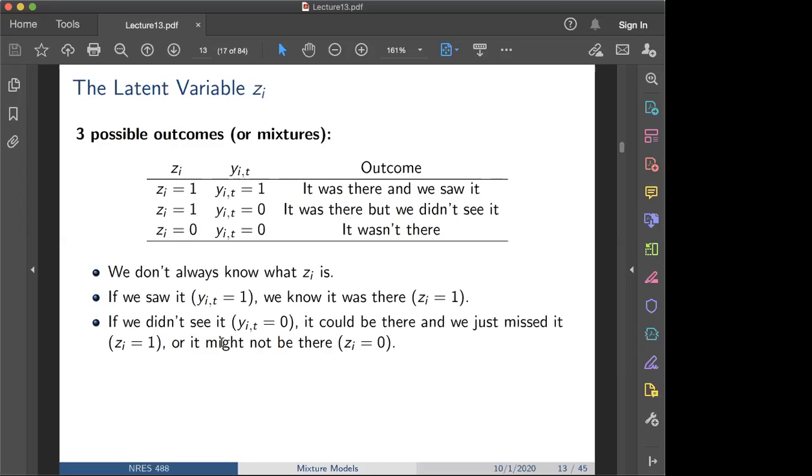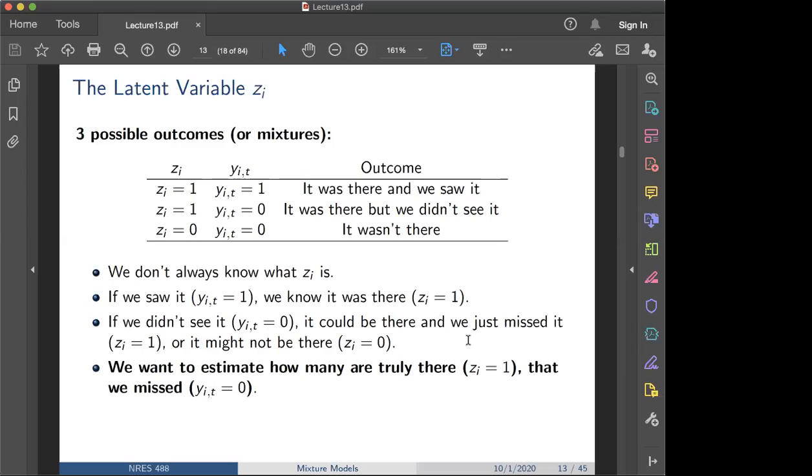If we didn't see it, YIT equals 0, it could have been there and we just missed it, so ZI could equal 1, or it might not have been there at all. ZI could have been 0. So we want to estimate how many are truly there that we missed. This is the number that we're going for. This is the difference between how many we actually see in all of our surveys and how many might have been there that we didn't see during any of our surveys.